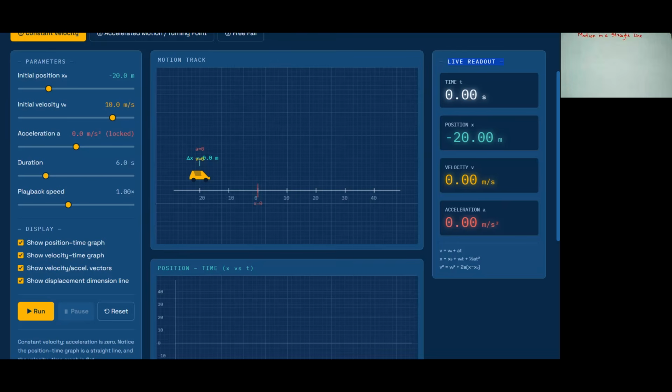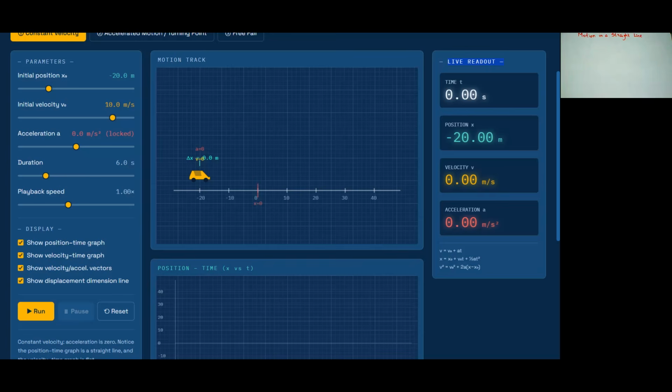Okay. So first of all, we have to know: path length is the total distance actually traveled. In our earlier classes, we studied what is distance and what is displacement. In the distance concept, path length is the distance. So path length is the total distance actually traveled, along positive. Clear?